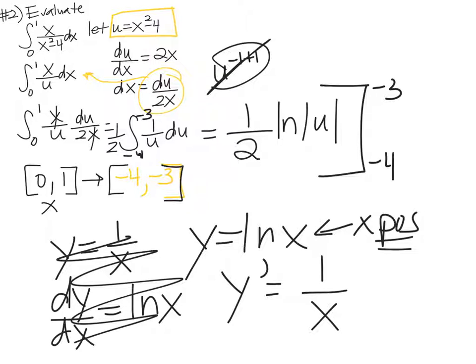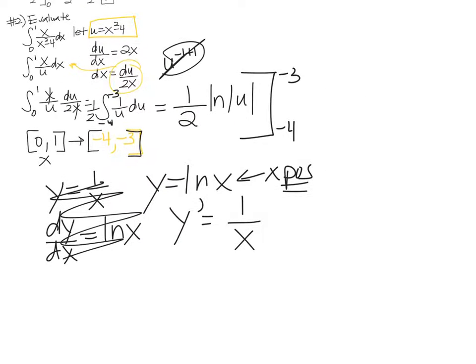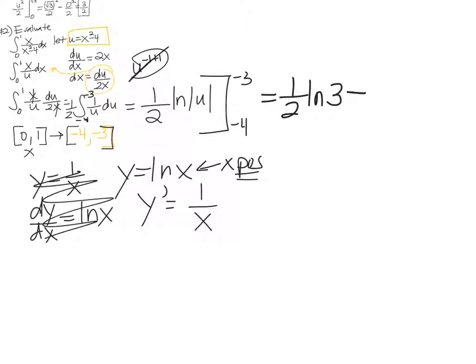Okay, all right, so here we go. Let's evaluate this. We get 1/2 natural log of 3 minus 1/2 natural log of 4. Now they might ask you to leave it in terms of natural log. Do you know how to do that?